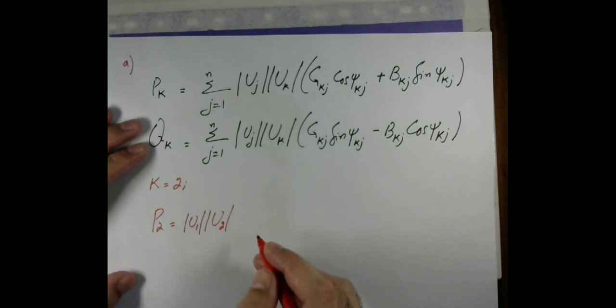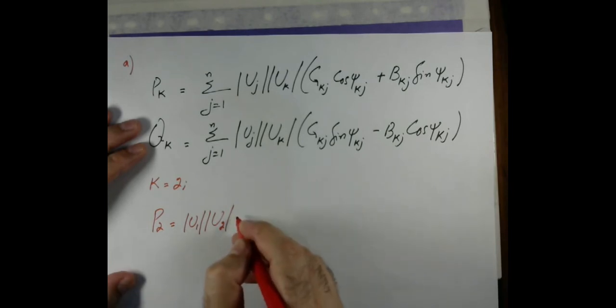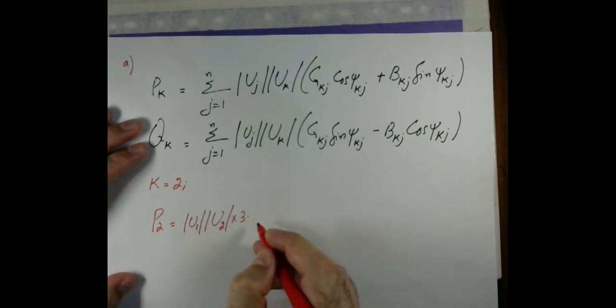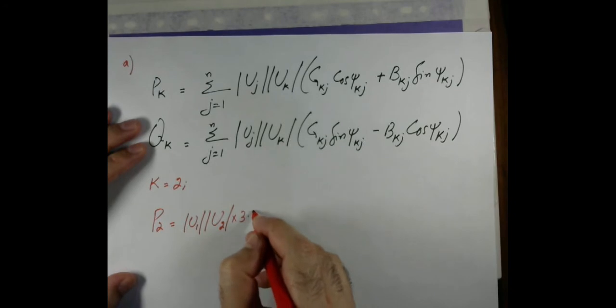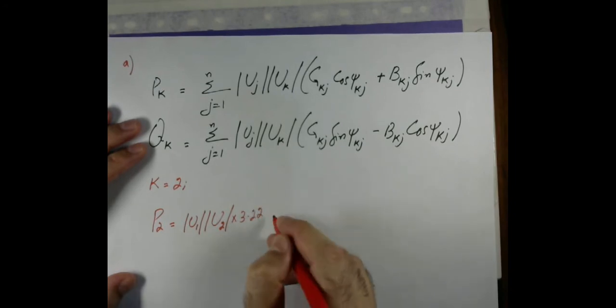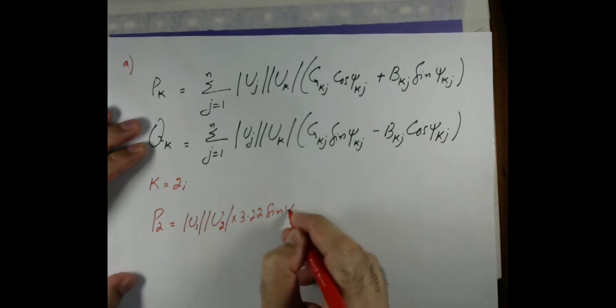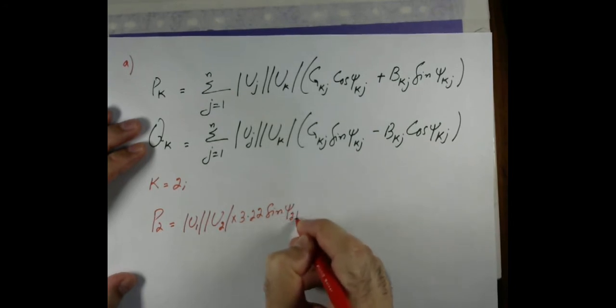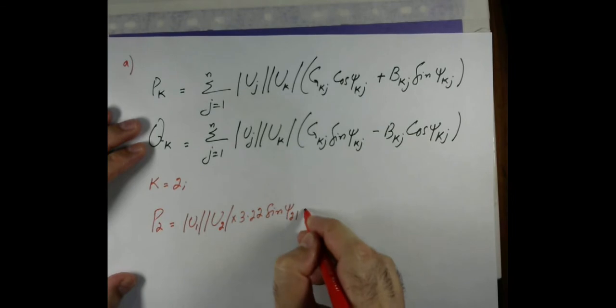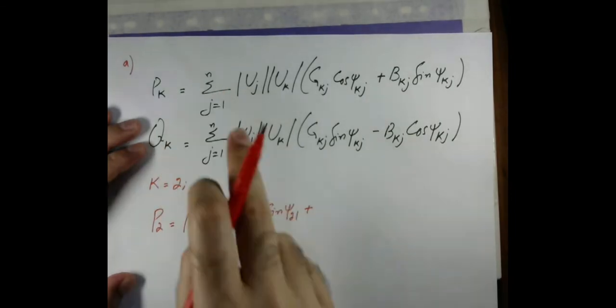Anyhow, we can write either b21 or directly the value, so that will be equal to 3.22 sine of psi 21, plus, because these are summation of the terms.